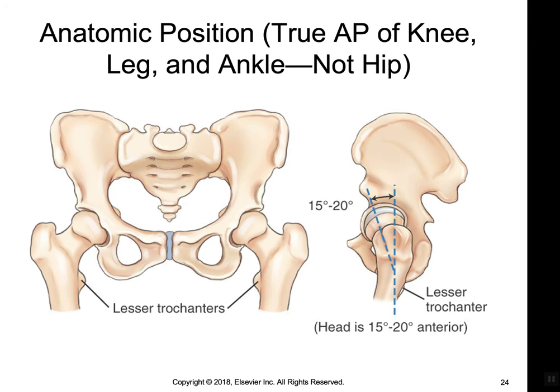If the leg is rotated internally a full 15 to 20 degrees, the lesser trochanter is usually not visible and is obscured by the shaft. So I know that this patient's feet are straight up and down, not turned in, because I can see the trochanters. And here is the angle from the side.